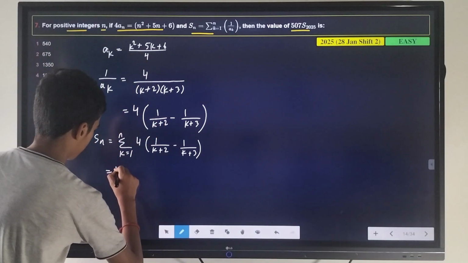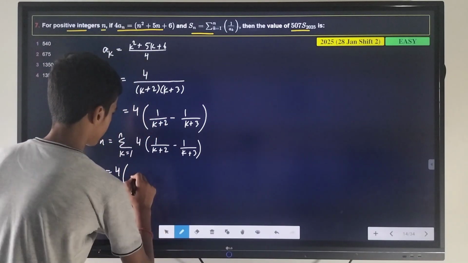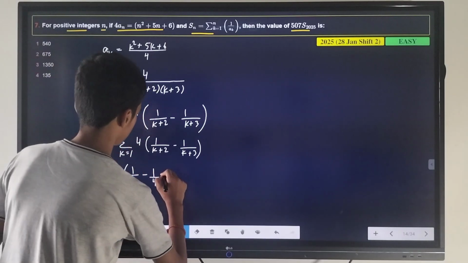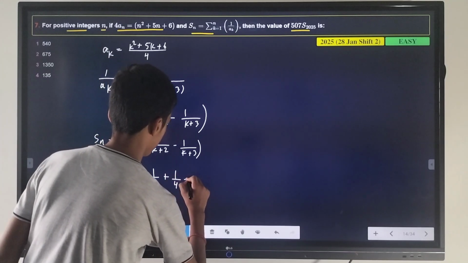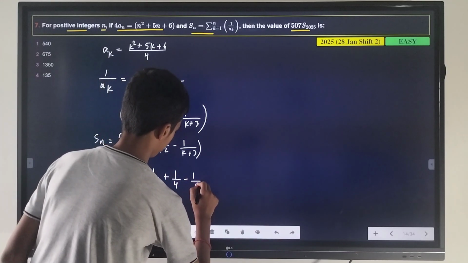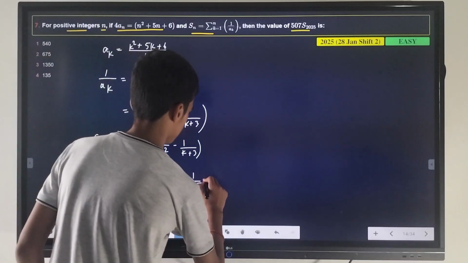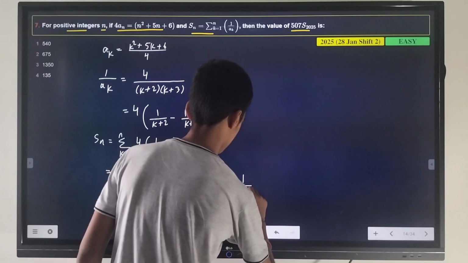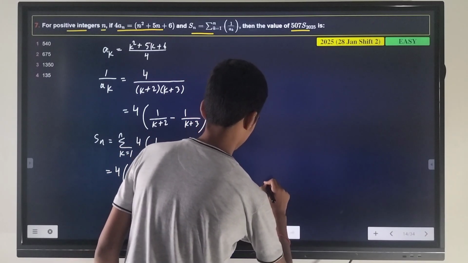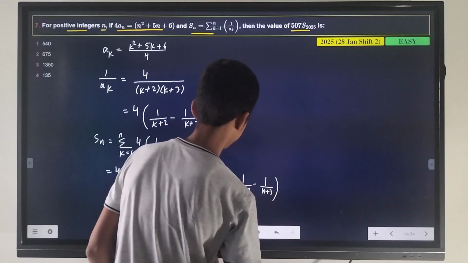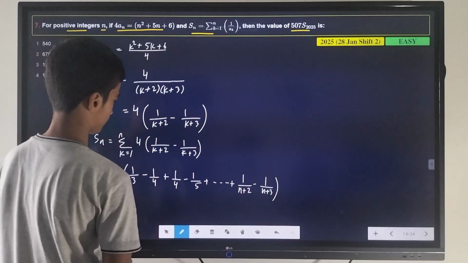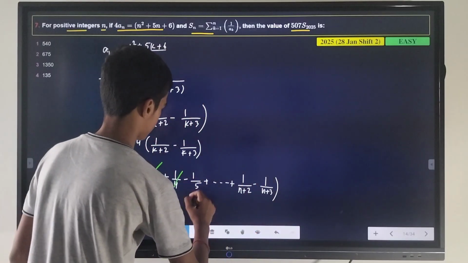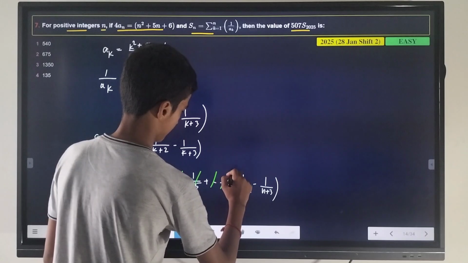So this is equal to 4 into 1 upon 3 minus 1 upon 4 plus 1 upon 4 minus 1 upon 5. We are opening the sum and plus dot dot dot till the last value n, 1 upon n plus 2 minus 1 upon n plus 3. Here minus 1 upon 4 and positive 1 upon 4 will get cancelled, and minus 1 upon 5 will get cancelled from the next term, and so on.